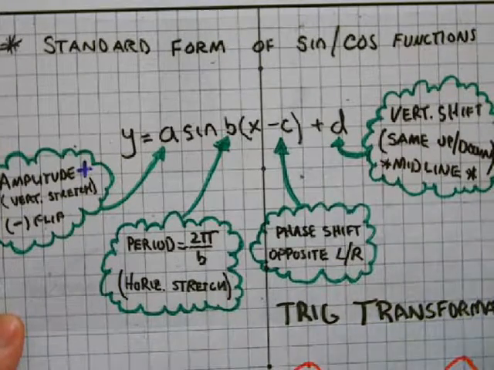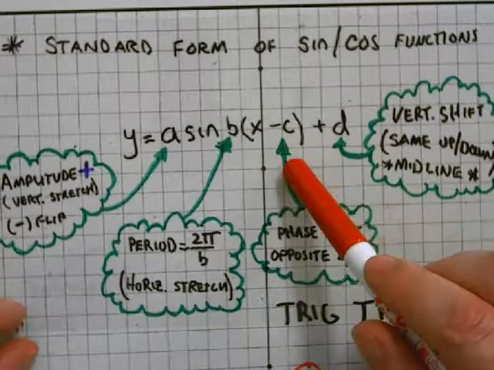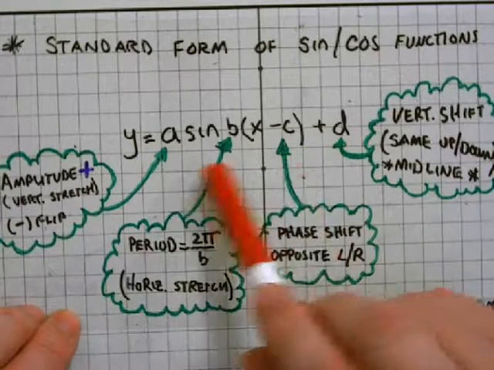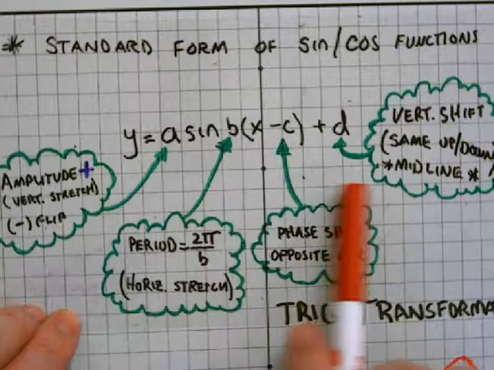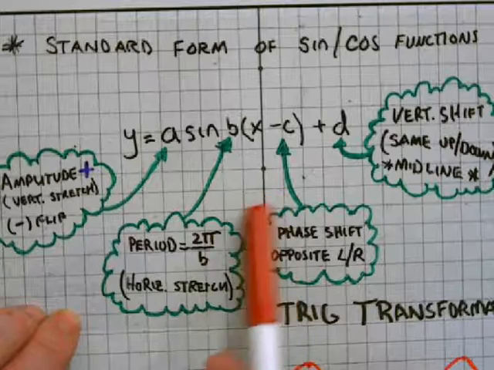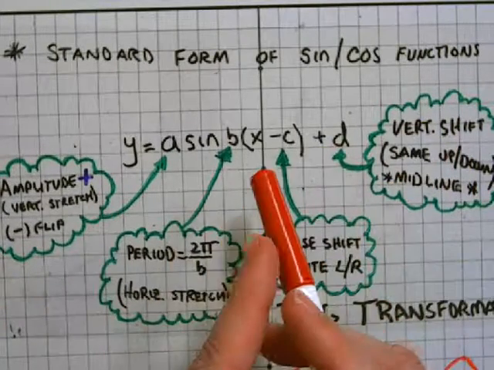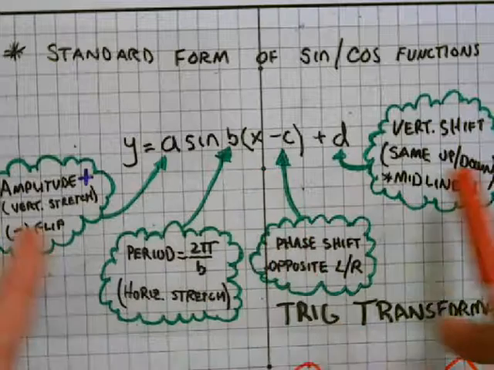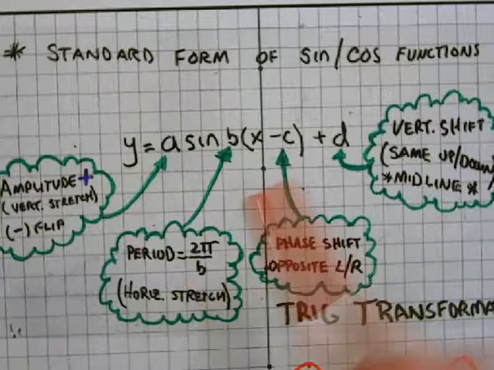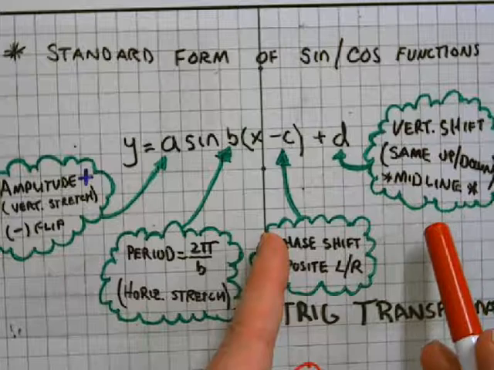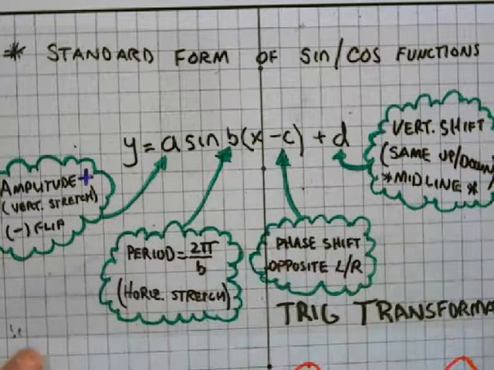Okay, a phase shift moves the function back and forth, but the whole function moves. So the distance between the peaks and the dips isn't changing. It's not like crushing in the peaks and spreading them out like the period does. It just moves them an equal distance, both by the same amount. So that's what the phase shift does.